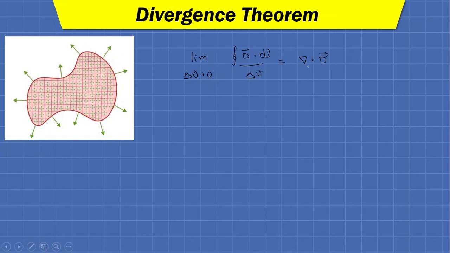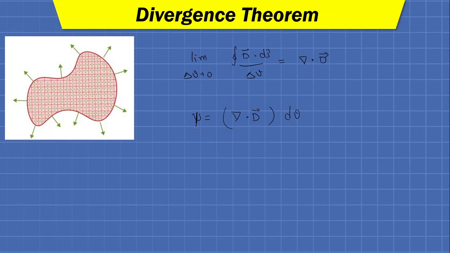And now we will use this relation in our last equation, which was nothing but divergence of D bar, and here we will have dv. Fine.